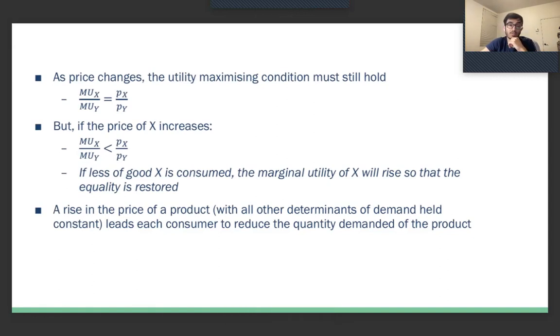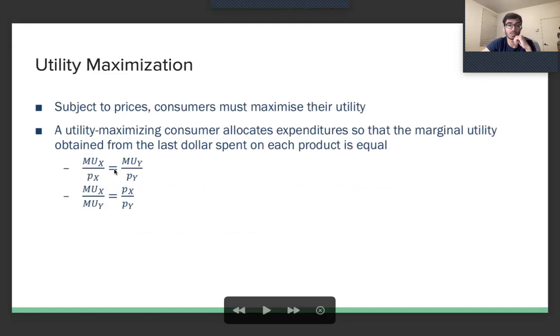And similarly, if we have the greater than or less than sign the other way, then the logic works the opposite way. In that case, good X gives me a higher utility relative to what I pay for that good, and I would want to consume more of X until this equality is restored.